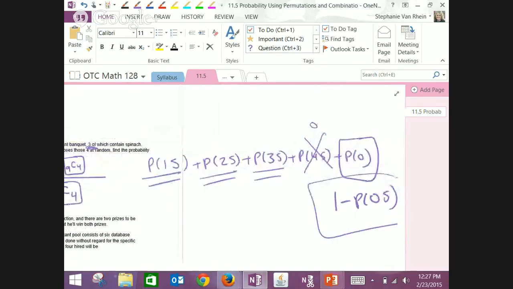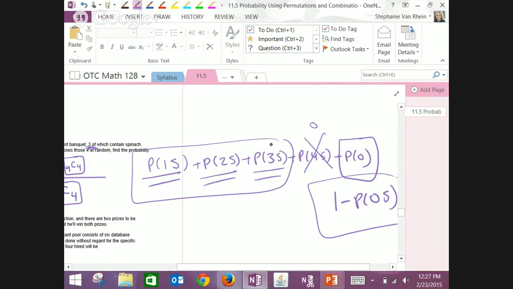If we're picking 4 dishes, then there are 5 possible outcomes: 0, 1, 2, 3, or 4. But since only 3 of the dishes have spinach, we only have 4 outcomes. So if I want at least 1 has spinach, I have to calculate 3 different probabilities, or I can calculate 1 probability and take 1 minus that number.